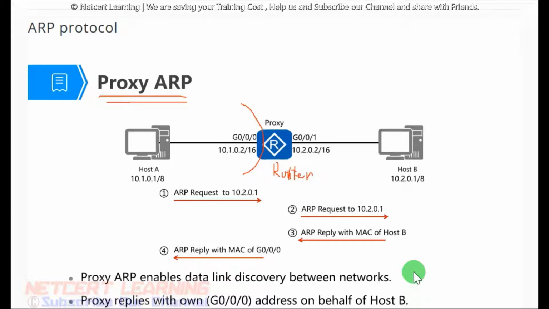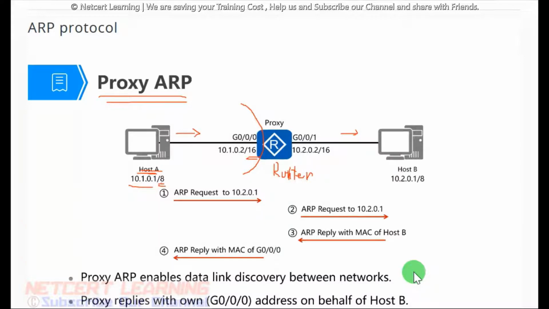For example, host A is sending the ARP request in this network. Then host B in the second network cannot receive this ARP. The router just drops it. So in such a scenario, first we should pay attention to the mask length.